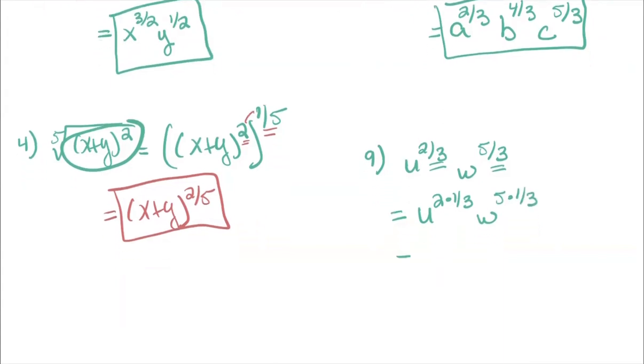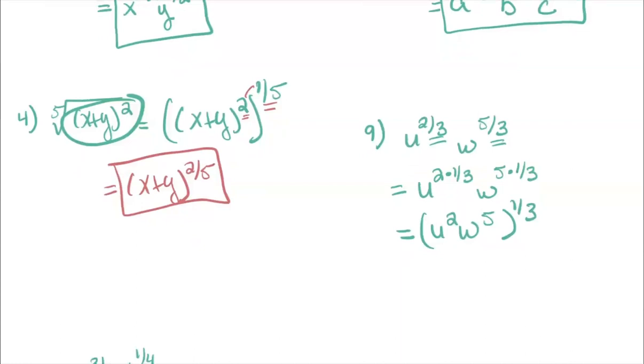Well, if I do that, that's the same thing as u squared, w to the 5th, all of that raised to the 1/3 power. I'm kind of factoring out that 1/3 power that was distributed when we had a power to a power. Now I'm bringing it back out. And the 1/3 is the same thing as a cube root, so I have my stuff under my cube root.